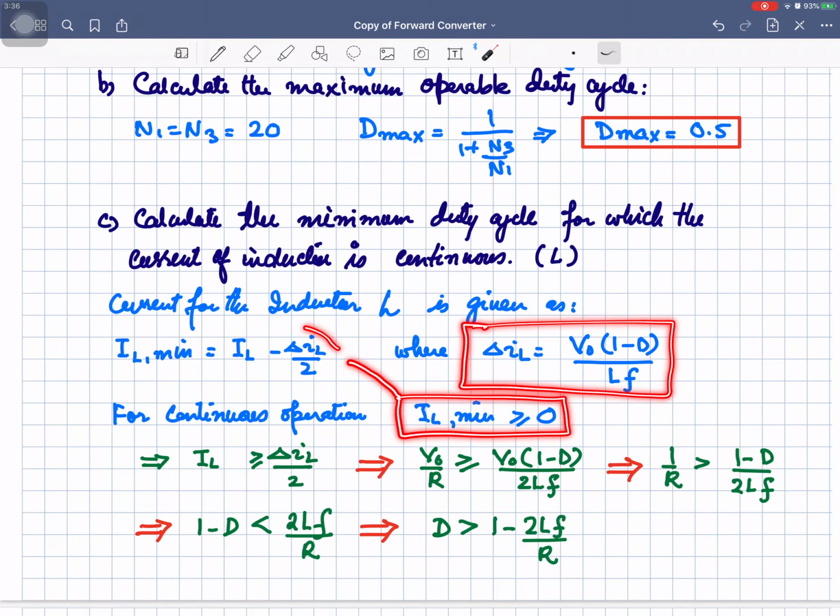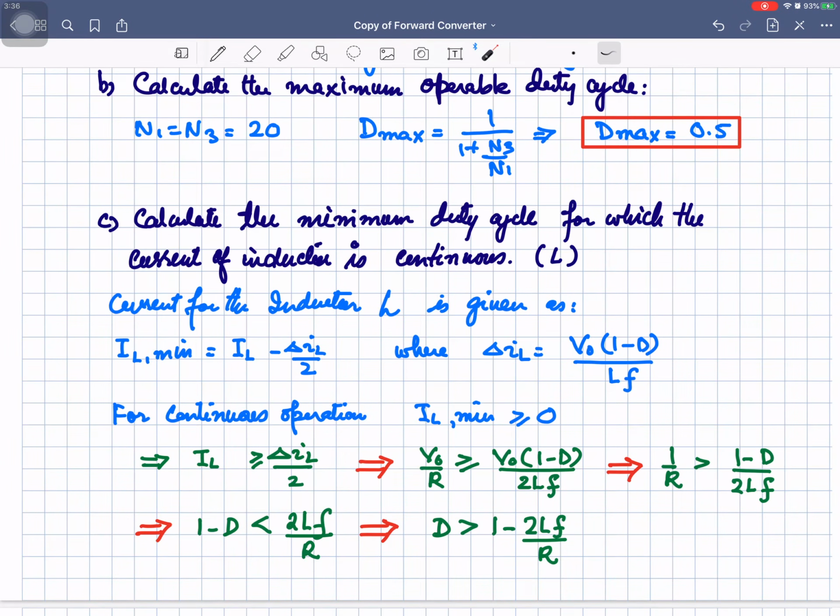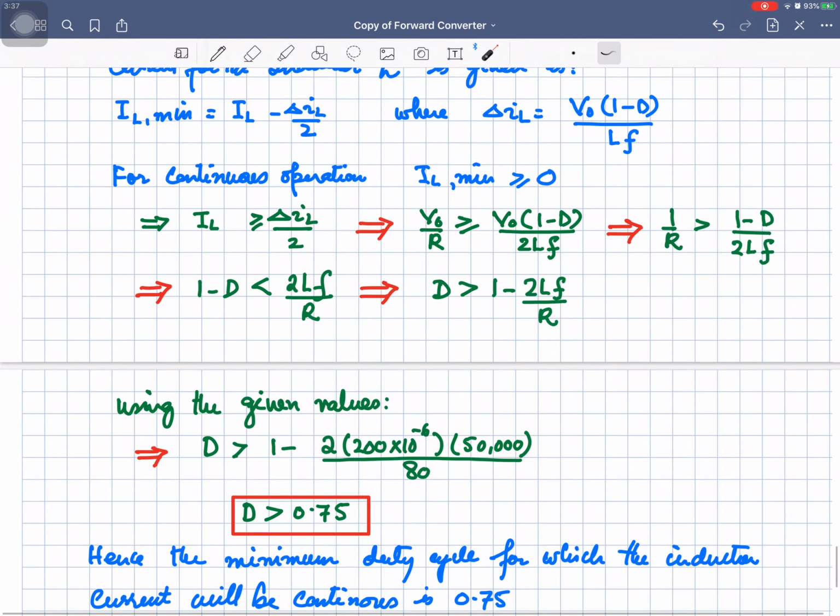It means the inductor current should be greater than delta IL by 2 to have continuous current. Now just plugging in the values and rearranging, you can see all the steps over here. We can find the expression for D. D must be greater than this. Plugging in the values, D comes out to be 0.75. Okay, if our duty cycle is greater than 0.75, our inductor current will be continuous.